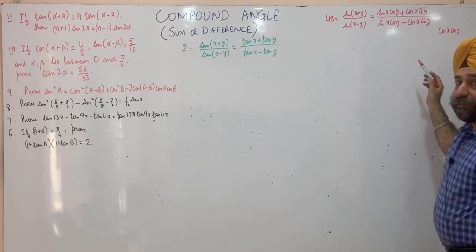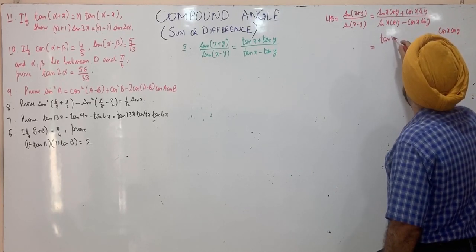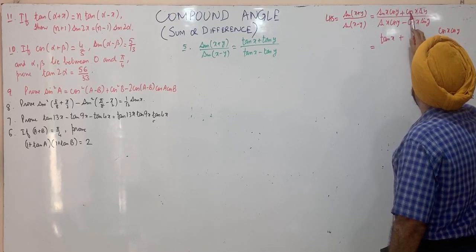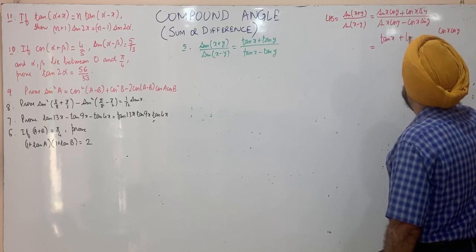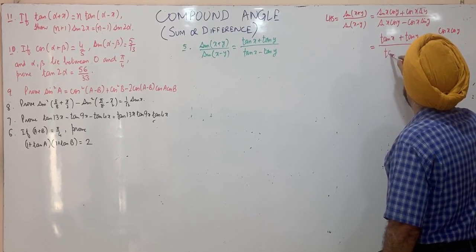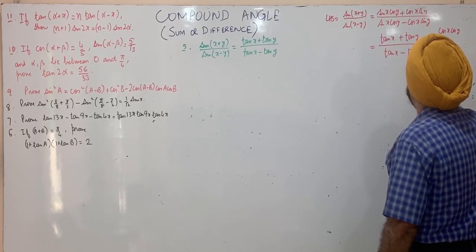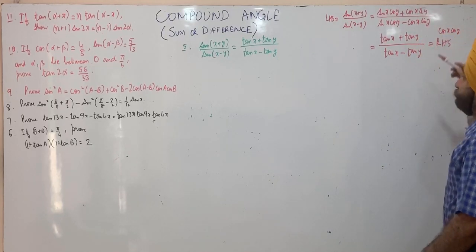So we divide throughout by cos x into cos y. This will be tan x. Cos x will cancel out, sin y upon cos y, this will be tan y. And this is tan x and minus this will be tan y. This is same as the right hand side.